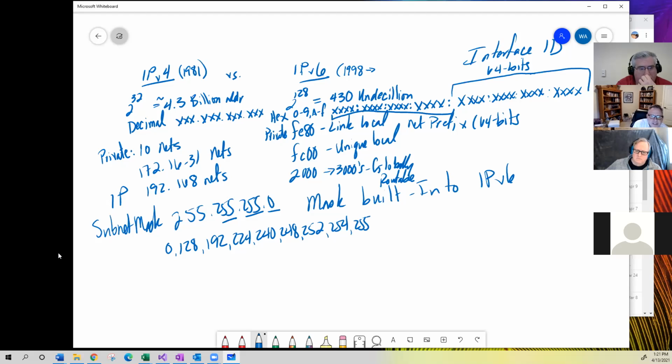Those are the options for these numbers in a subnet mask in IP version 4.